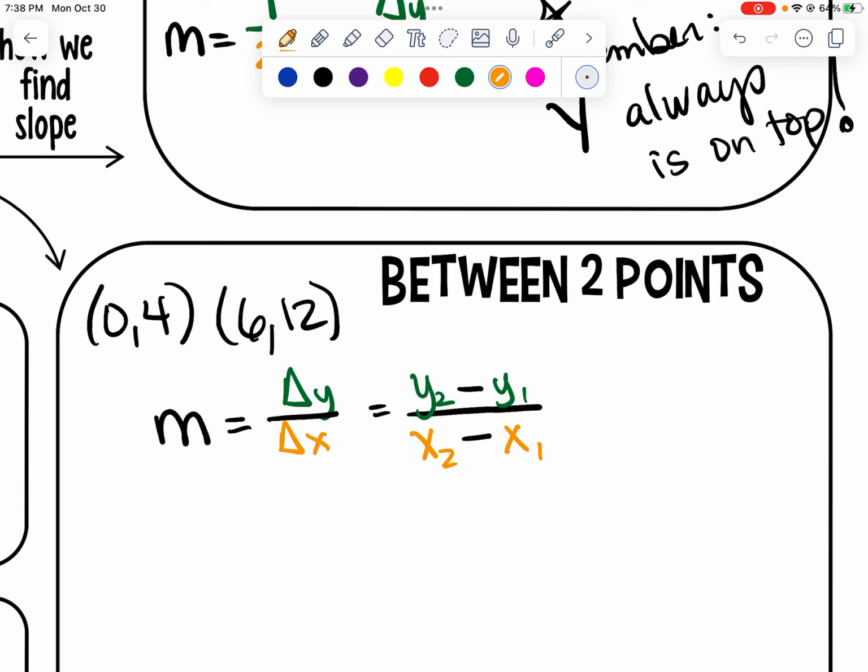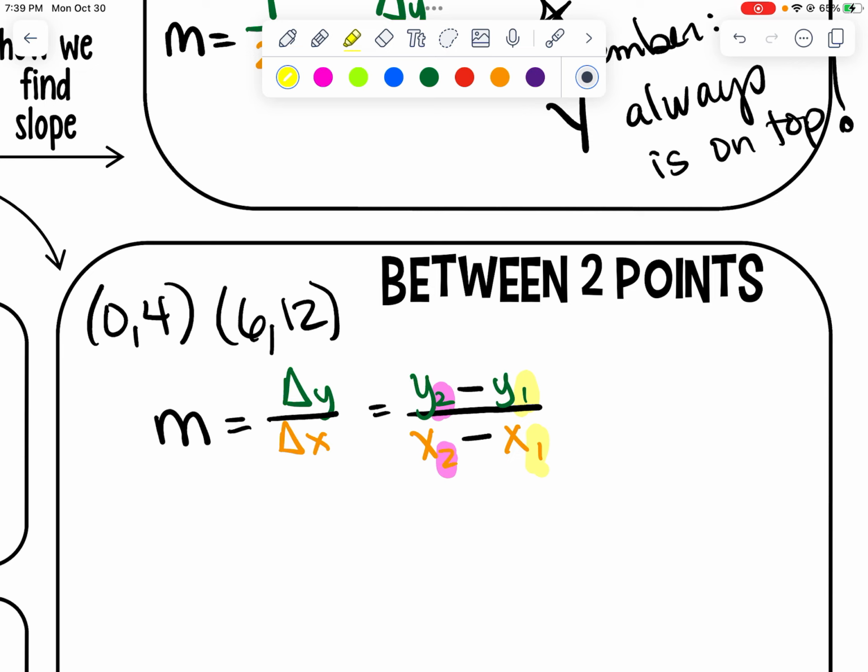These little numbers that we have here just mean that they come from the same point. These two right here, these little ones, mean they come from the same point. That's all that those stand for.